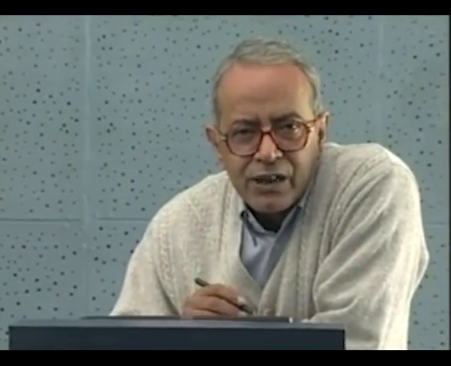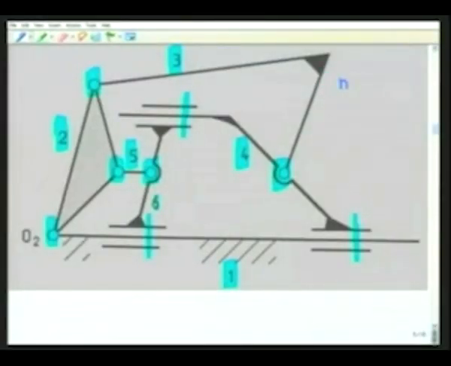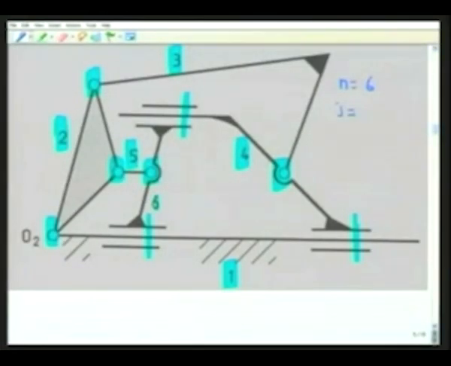Now let me apply the formula and try to find the degree of freedom of this mechanism. Here we have n is 6. All these pairs are simple pairs because they connect only two links. So J, I count, there are 1, 2, 3, 4, 5 revolute pairs and 3 prismatic pairs.